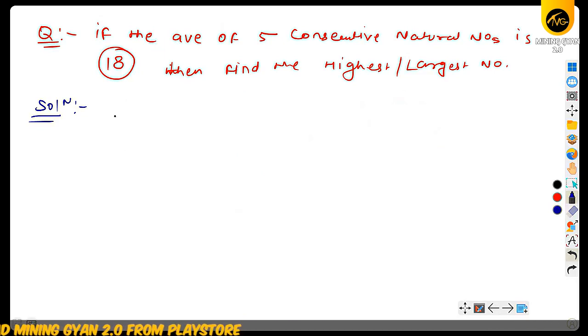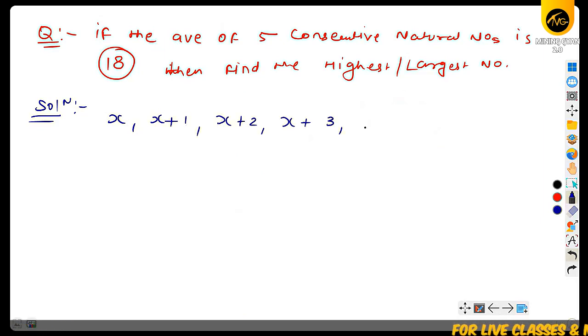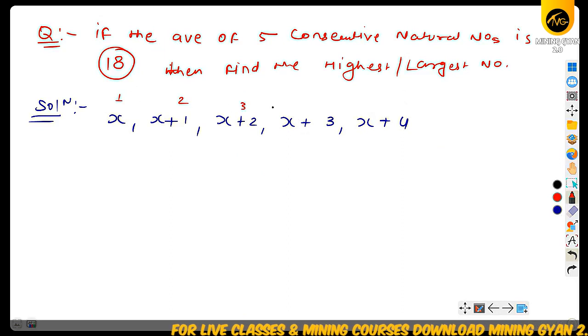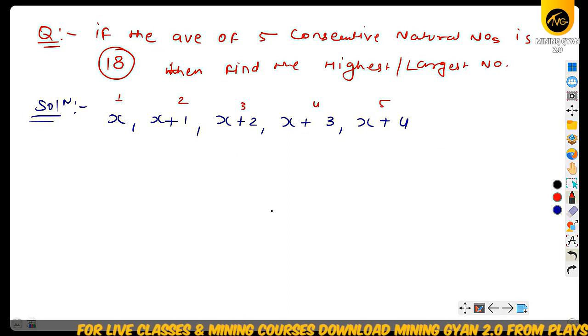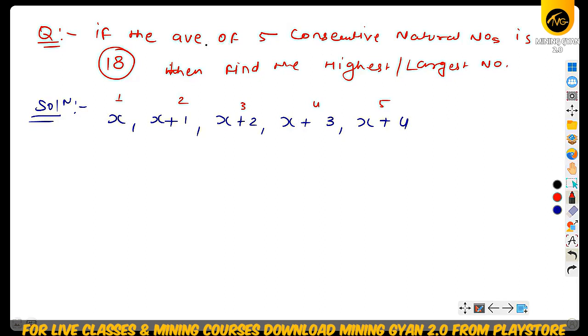For example, we consider x, x plus 1, x plus 2, x plus 3, x plus 4. So these are the consecutive numbers: the first number, second number, third number, fourth number, and fifth number. Now, what is the average of 5 consecutive numbers? That is 18, correct.